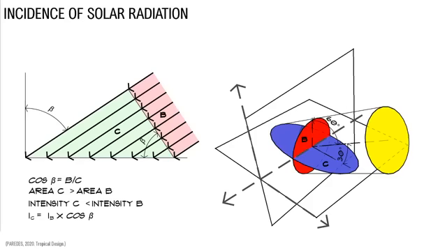It is actually governed by the Lambert cosine law. It states that the relative intensity of solar radiation or light on a surface is equal to the cosine of the angle of incidence and the relative area over which it is distributed. So basically, it's an inverse of this value.